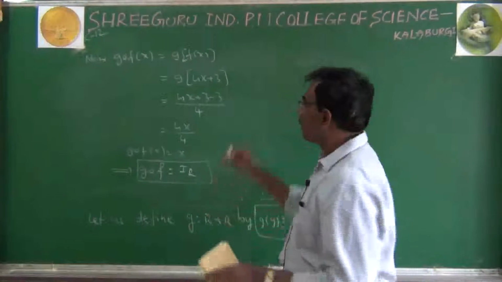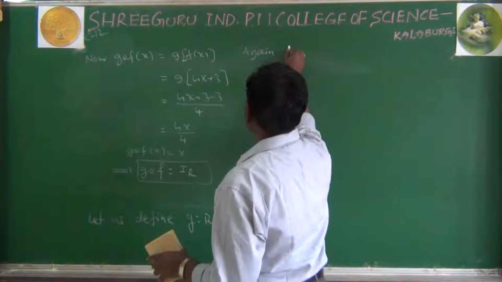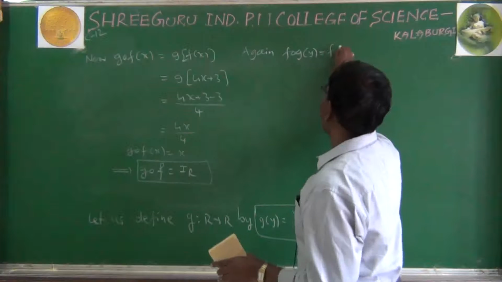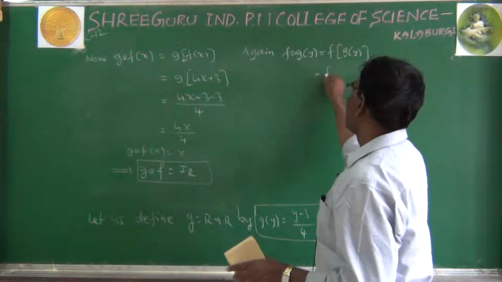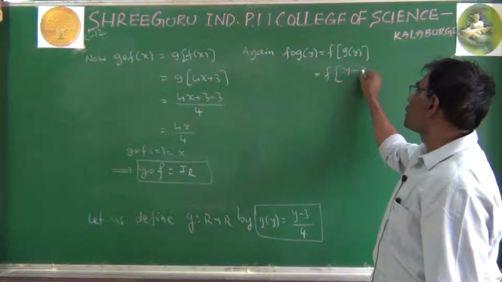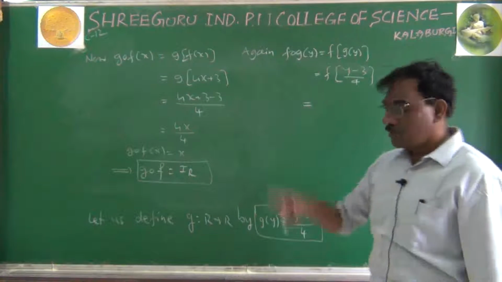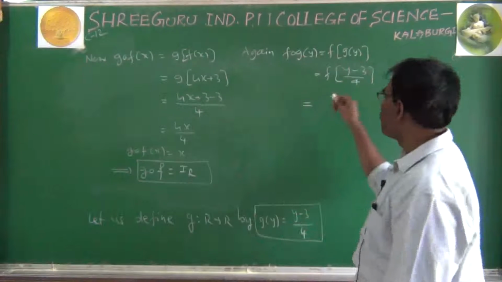Now again, f composition g of y, that is f of g of y. What is g of y? y minus 3 by 4. You know that f of x is 4x plus 3.